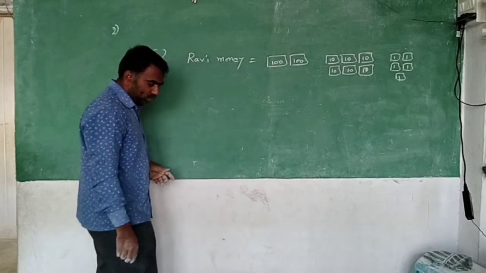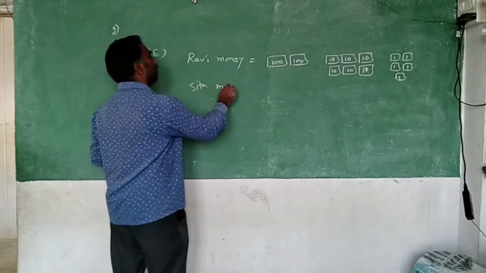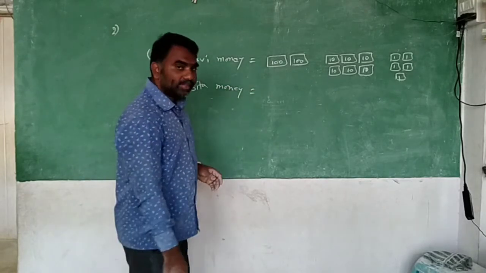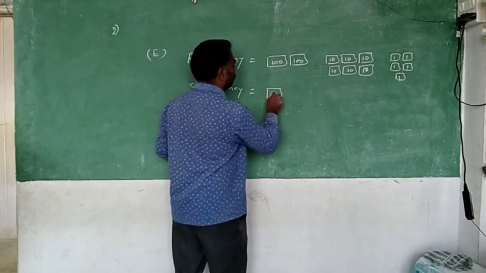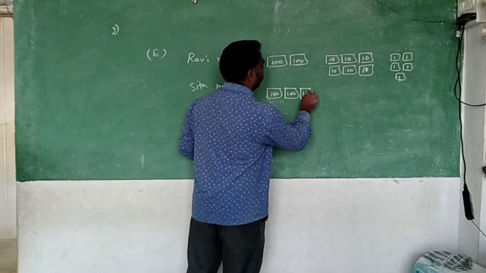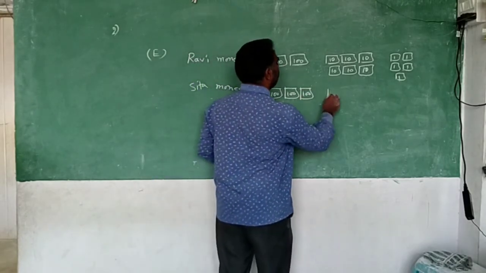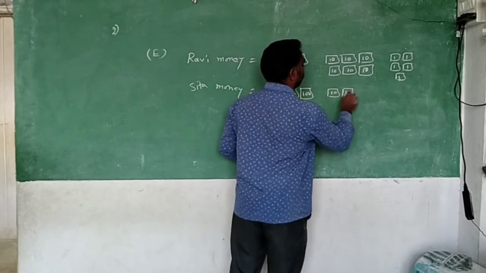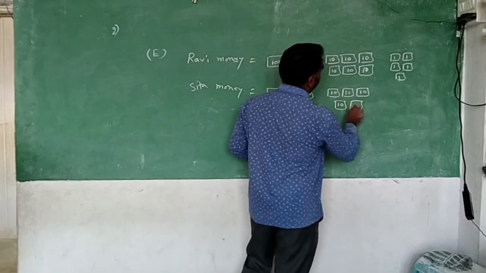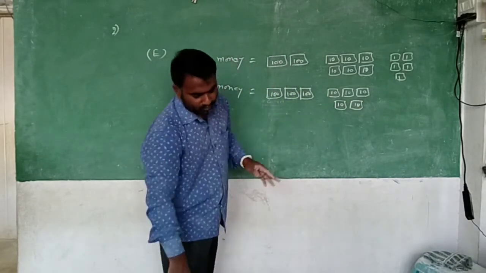Then one more, who's there? Sita. Sita money, you write it. Sita's money is how much? Yes, 300 rupee notes and 5 10 rupee notes, and there are no ones with her.